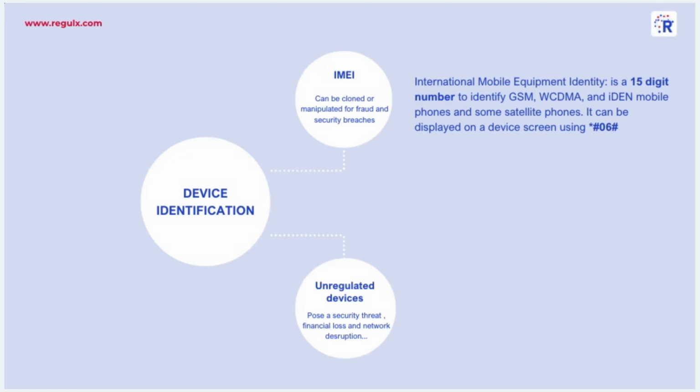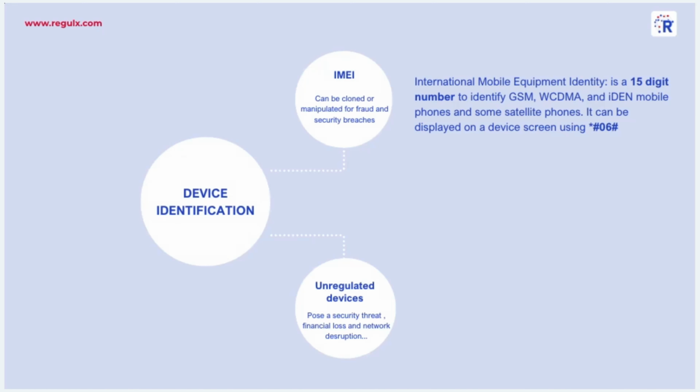If you want to establish a device identification system, there are two big challenges for that. The first one is the IMEI that I mentioned before, that I will define now, that stands for International Mobile Equipment Identity.